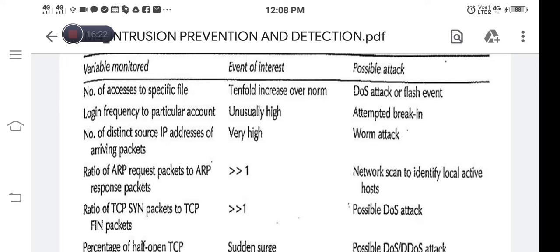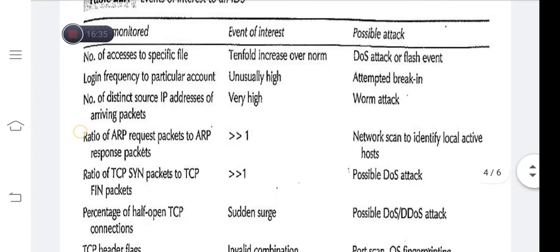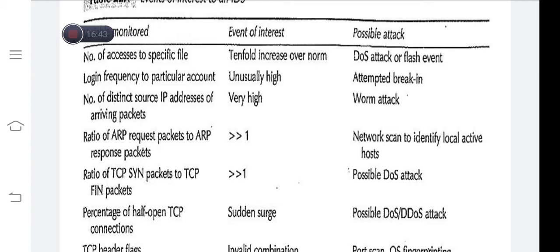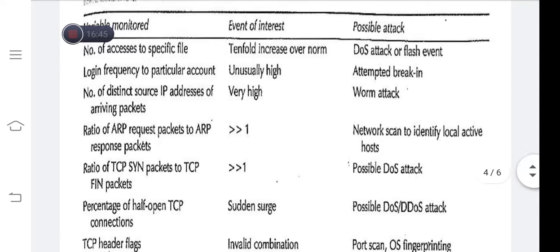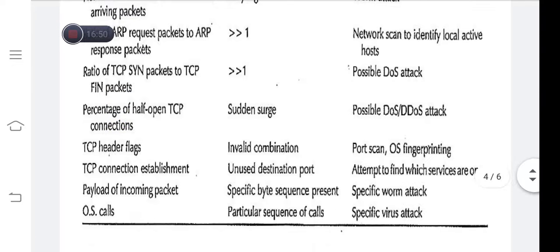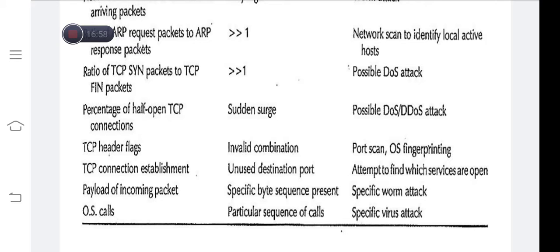Here in the table we have seen various variables like number of accesses to a specific file, login frequency to a particular account, number of distinct source IP addresses of arriving packets, the ratio of ARP request packets to ARP response packets, ratio of TCP SYN packets to TCP FIN packets, percentage of open TCP connections, TCP header flags, TCP connection establishment, payload of incoming packets, and other operating system calls.